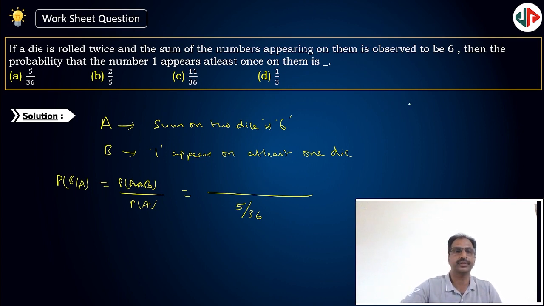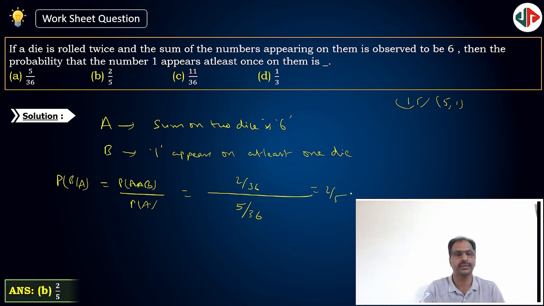So, what are the possible cases for A intersection B? 1 5, 5 1. Only two cases out of 36. So, the required probability is 2 by 5. Option B.